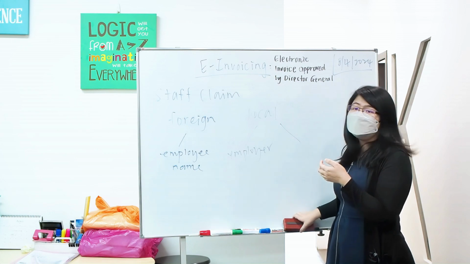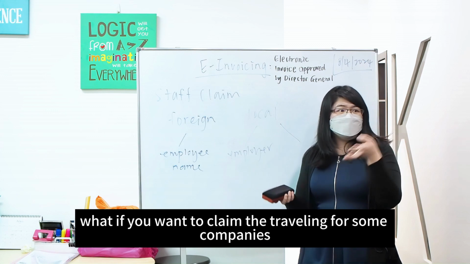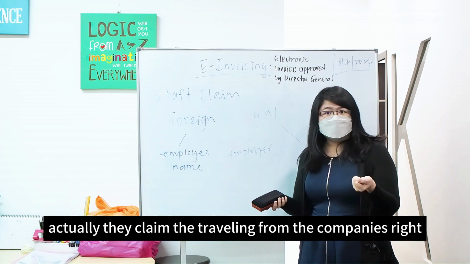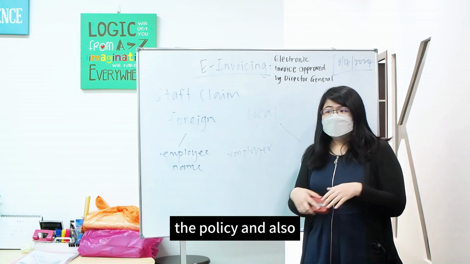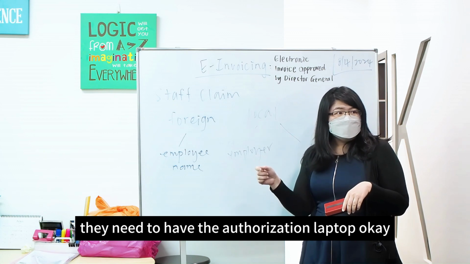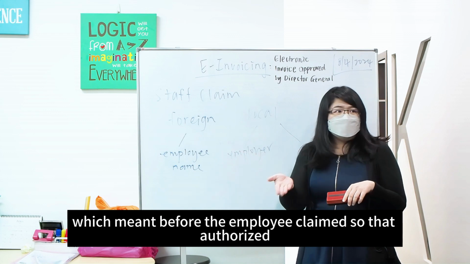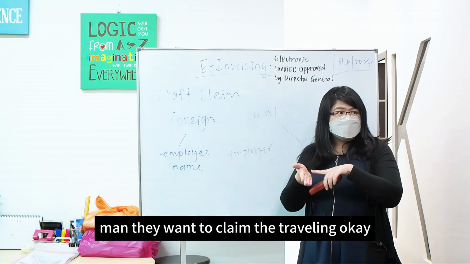So for example, what if you want to claim the traveling? For some companies, they do claim the traveling from the companies, right? So the companies need to set out the policy, and they also need to have the authorization letter. Before the employee claims, the employer authorizes the employee to claim, for example the salesman who wants to claim the traveling.